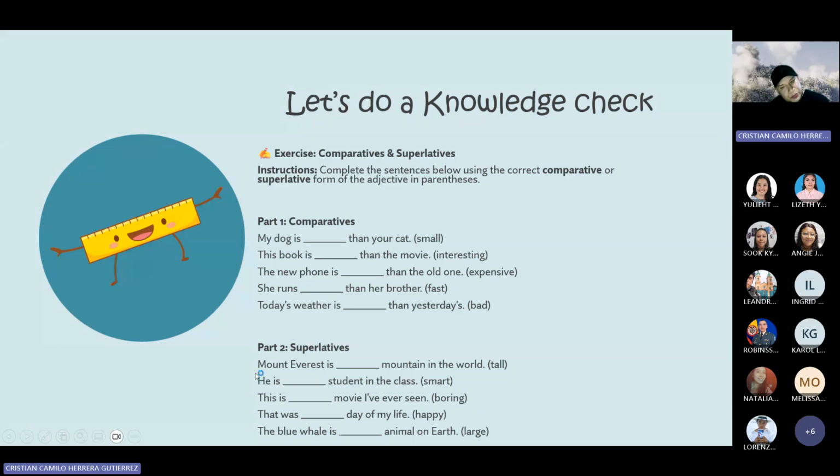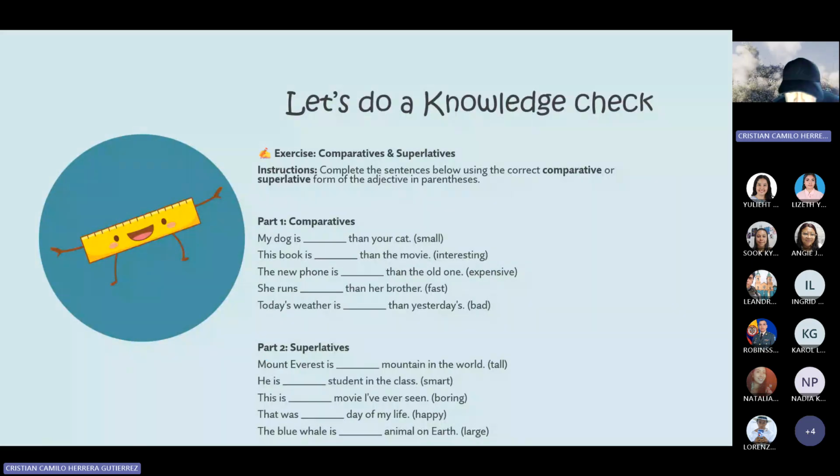And the next one, he is smarter student in the class. Yeah, you developed the exercise correctly, but watch the pronunciation: smarter. So, he's a smarter student in the class. Thank you so much, Natalia.